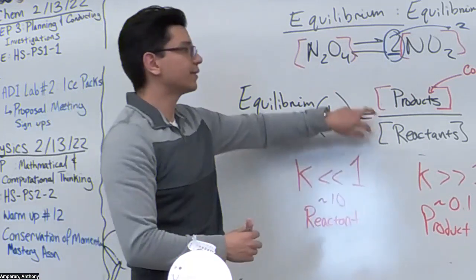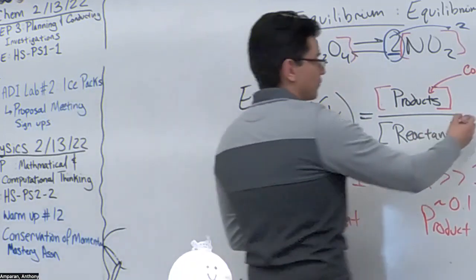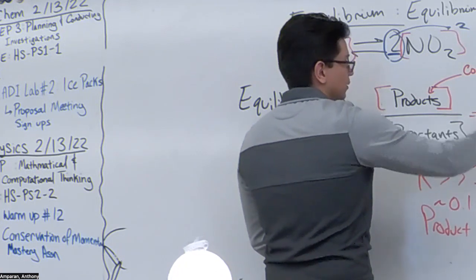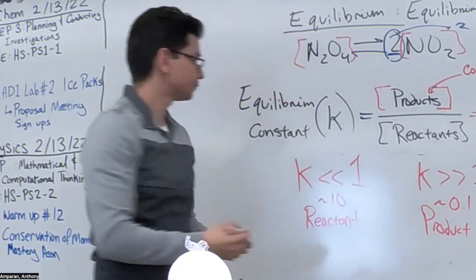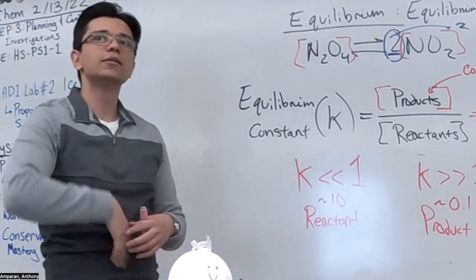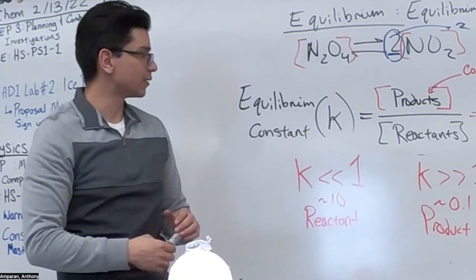And again, you can just get that from this kind of setup. If you plug in numbers and you see that your products are way bigger, it'll tell you what side of the reaction is favored, what direction we're going to be moving in.